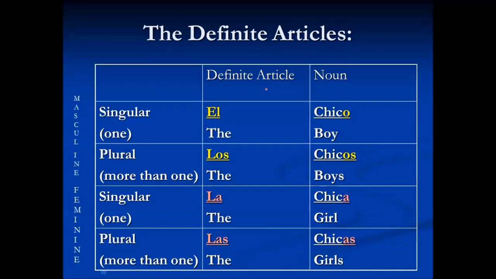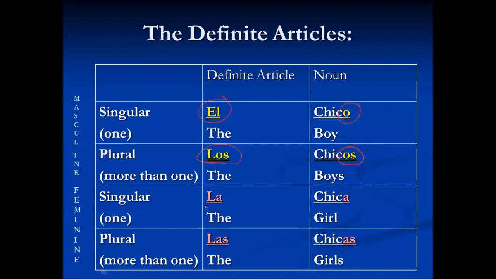So just to review here, we got singular nouns, singular articles, which is el. So we have el chico. Then to indicate that it's masculine, the chico part is going to be ending in o. For plural, we got los. To indicate that there's more than just one boy, it's going to end in os.